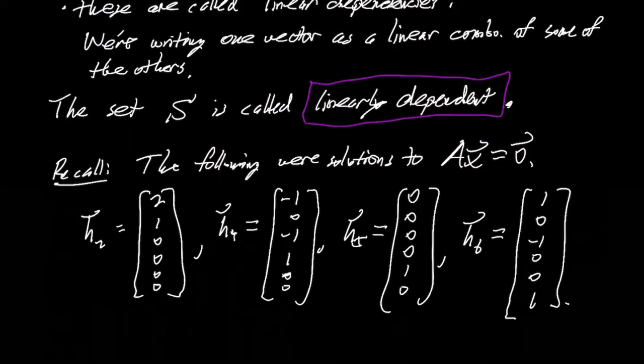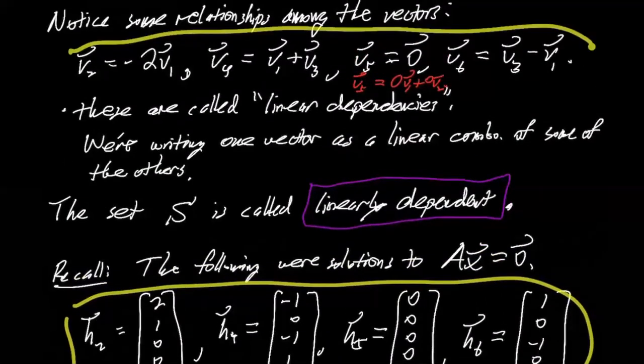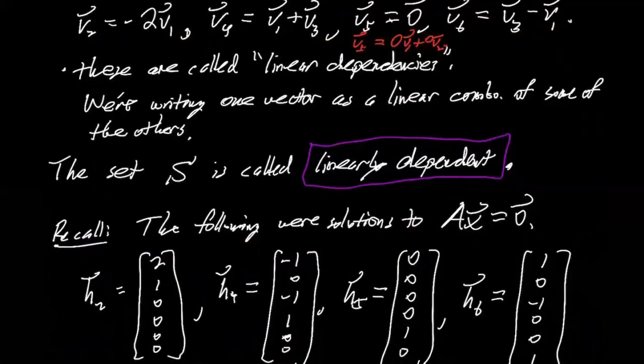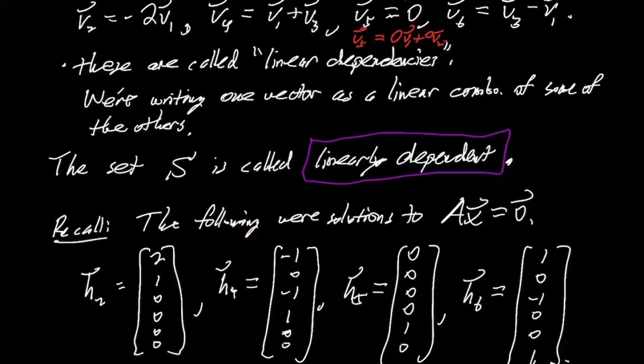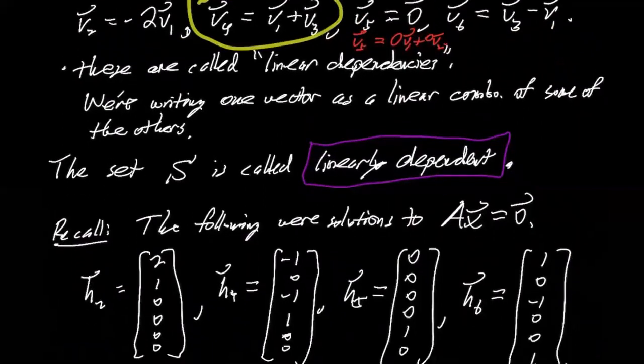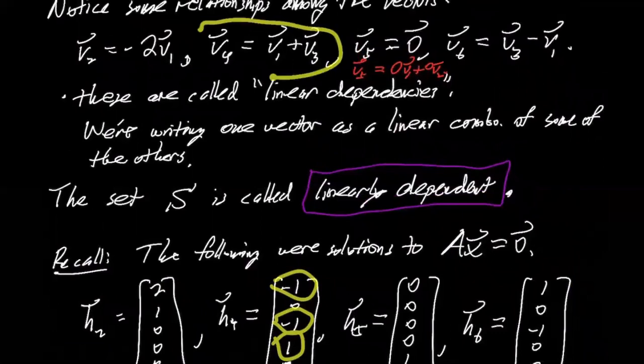These actually generate all the homogeneous solutions. I claim these are connected. You might look at these vectors, and then look back at these equations. There's a nice connection among them. You might pause and see, can you see how this might be related to this? There's a -1 in the first position, a -1 in the third position, a 1 in the fourth position. What is going on there?